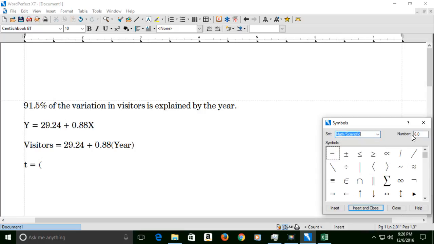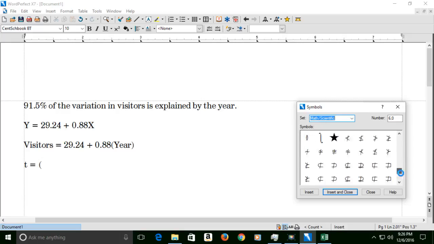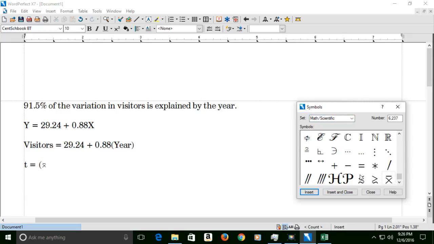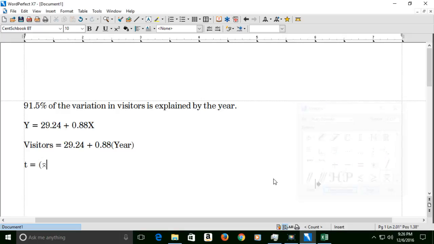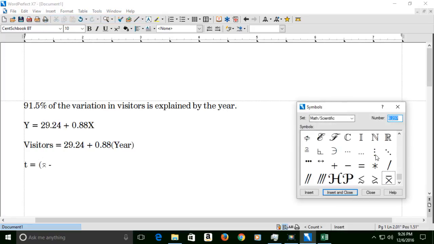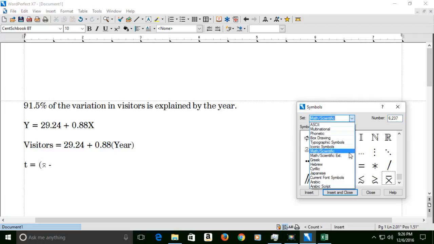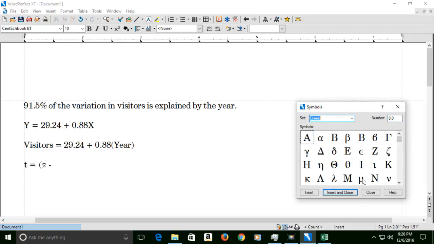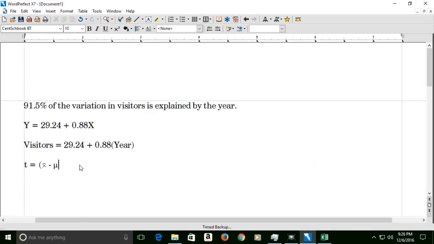X bar minus mu, divided by S. We just did this before, right?